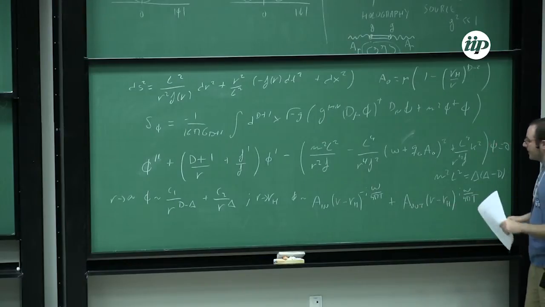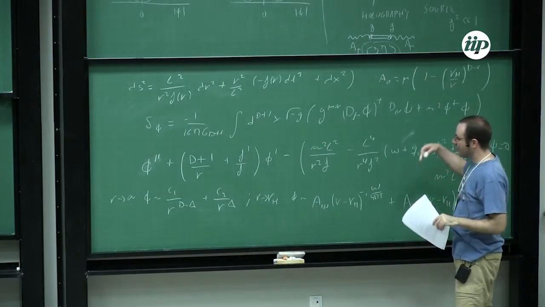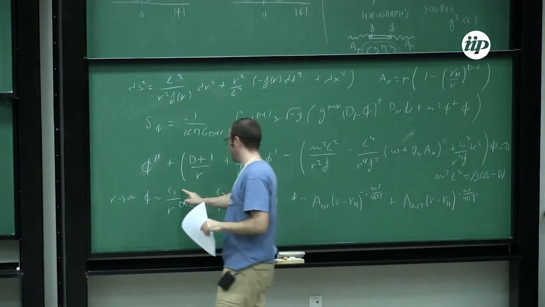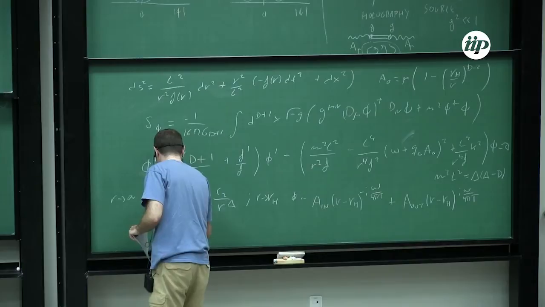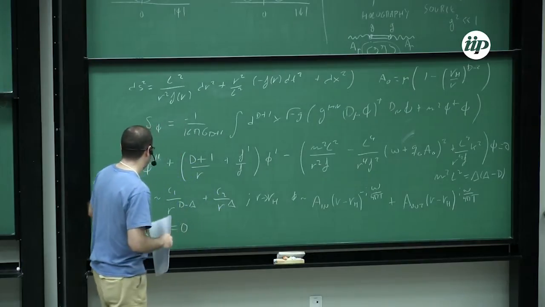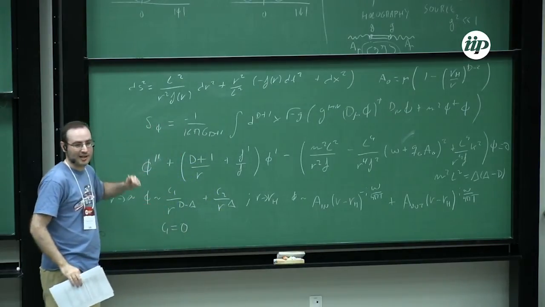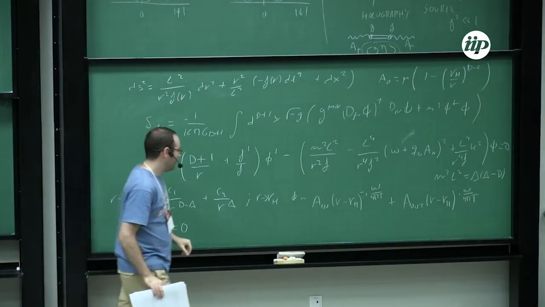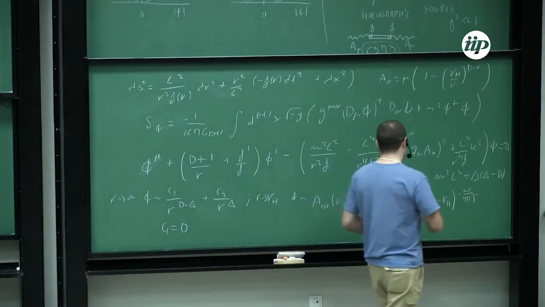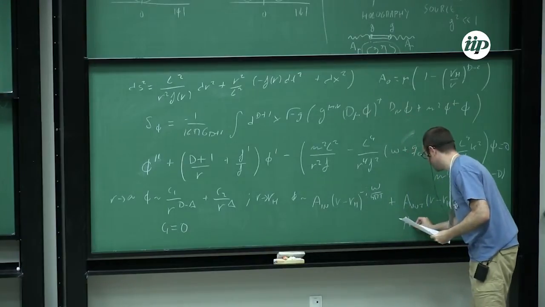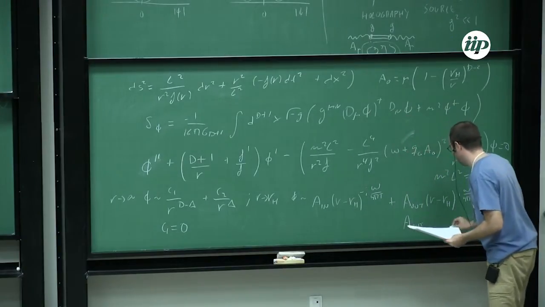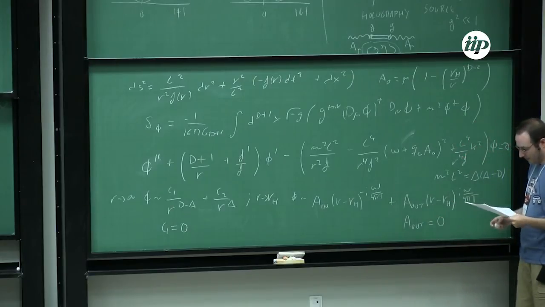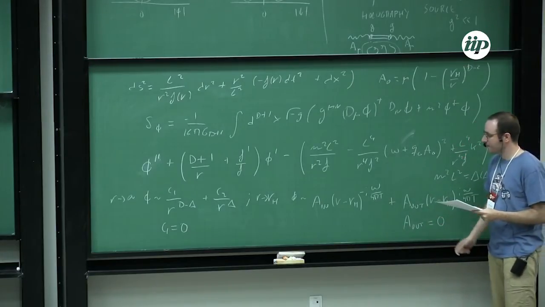So dynamical modes in the dual field theory correspond to setting C1 equal to 0. Otherwise, we will be introducing some explicit breaking of the symmetry. And then in order to compute the physical modes, we set the outgoing coefficient to 0.